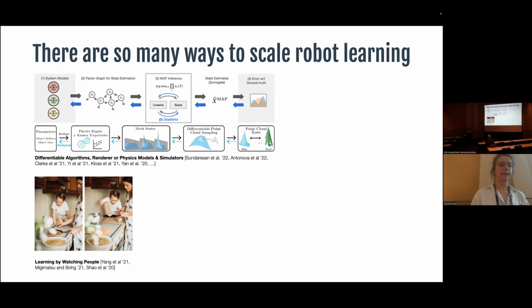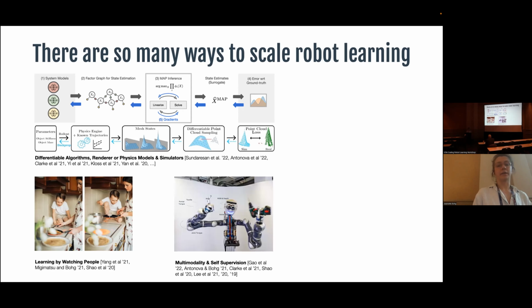And we've also done quite a bit of work on imitation learning or learning from demonstrations, which is very useful to bootstrap learning as well. We looked a lot at multimodality, so not just using vision, but also depth, motion, language even, or of course the sense of touch, and more recently also sound.